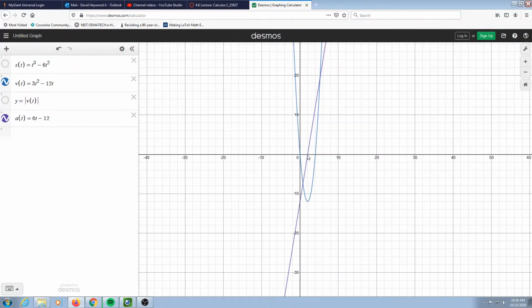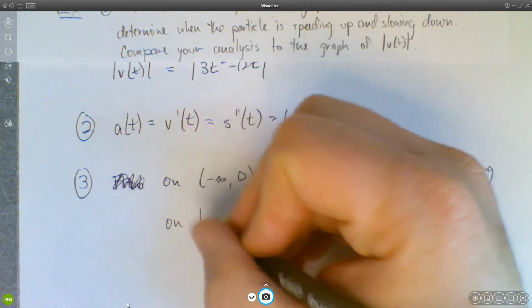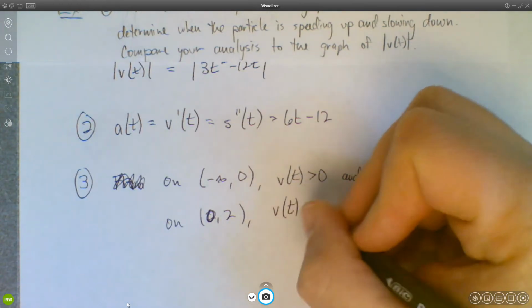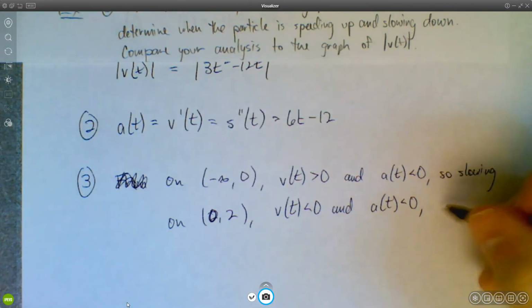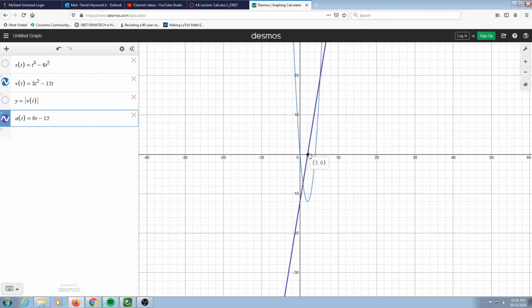From 0 to 2, it looks like the velocity and acceleration are both negative. So you're speeding up. You're speeding up in the negative direction. Okay.